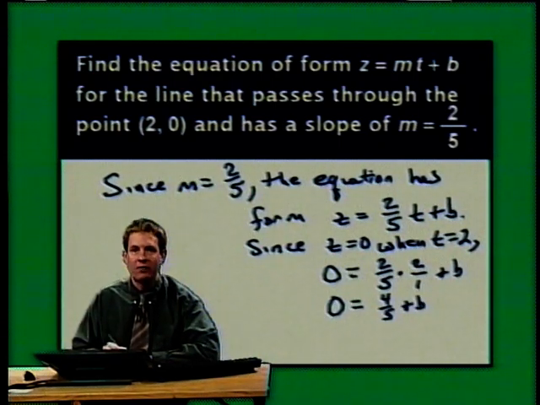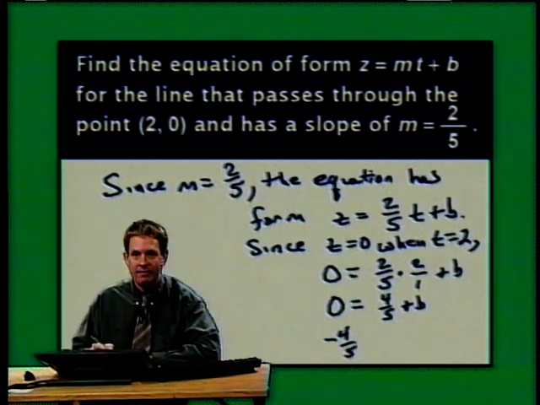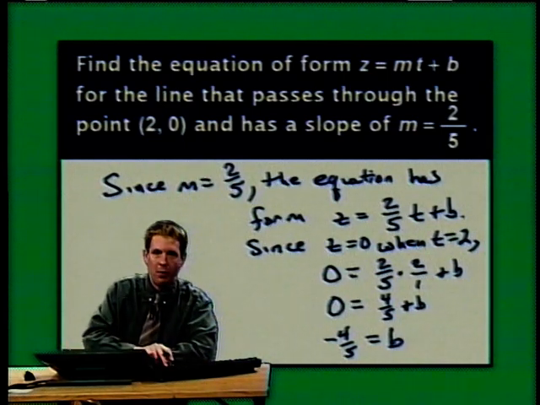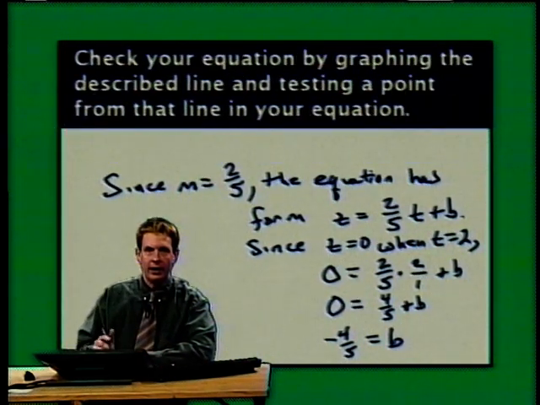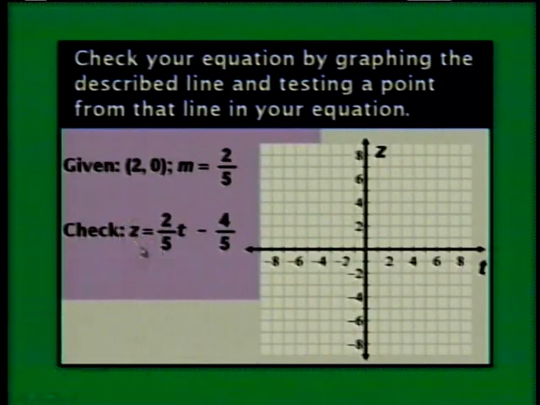And when I subtract 4/5 from both sides of this equation, I'm left with -4/5 equals b. So our proposed solution here is the equation z equals 2/5 t minus 4/5.